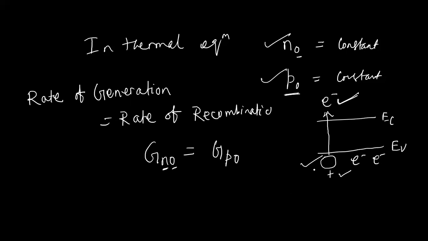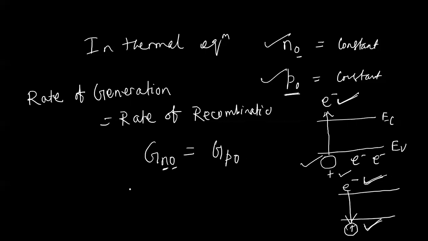Similarly, for the rate of recombination, when one electron is recombined with one hole in the valence band, the loss of one electron is also the loss of one hole, right? The annihilation of one electron is the annihilation of one hole as well.